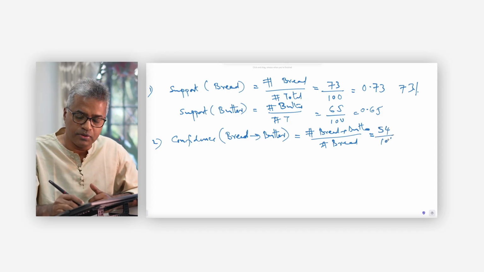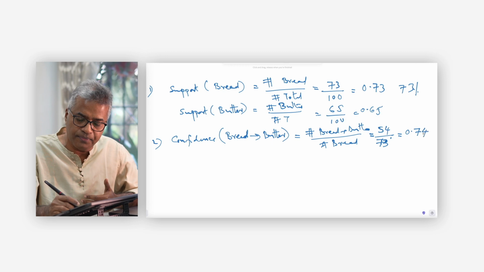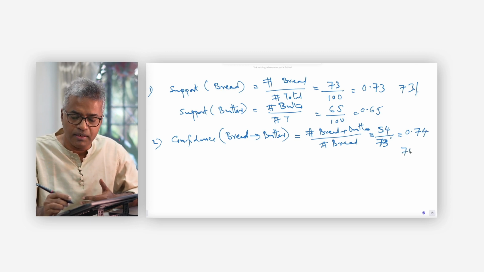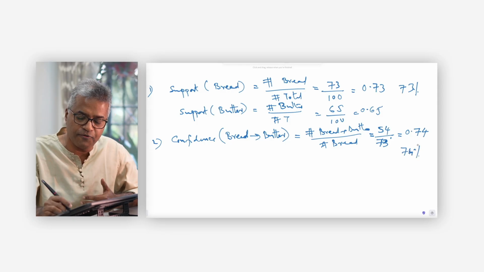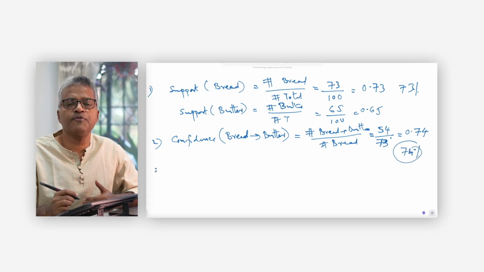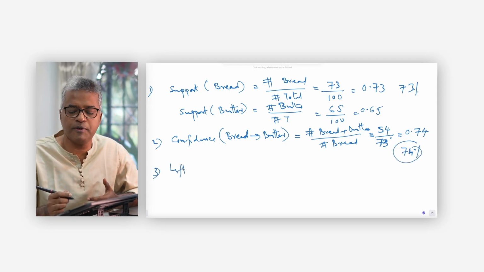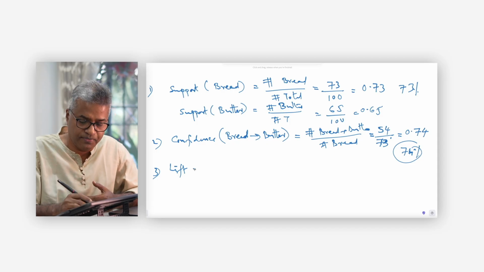Therefore, this is equal to 0.54 divided by 0.73, which comes to around 0.74. Therefore, 0.74 or 74% is the confidence.